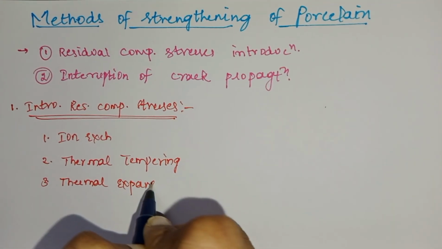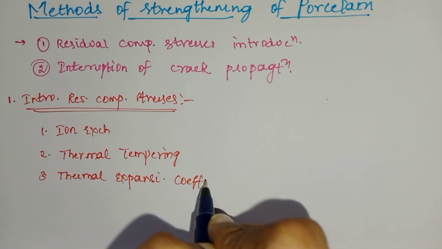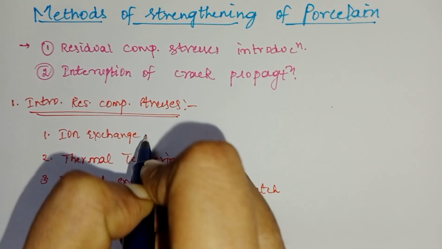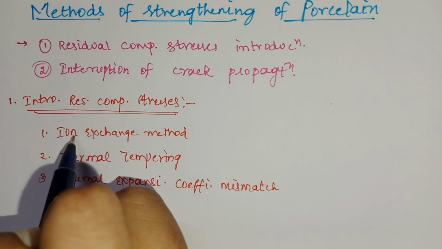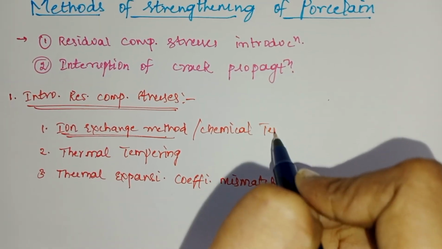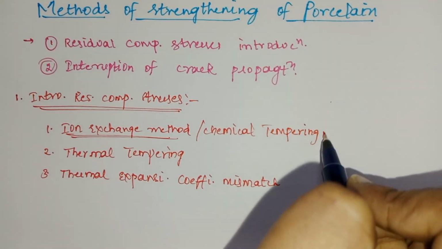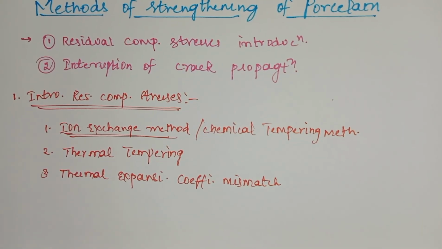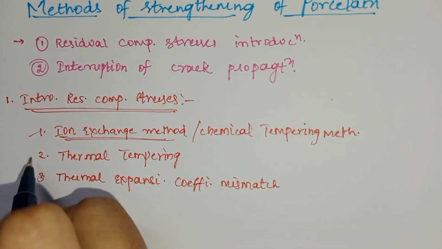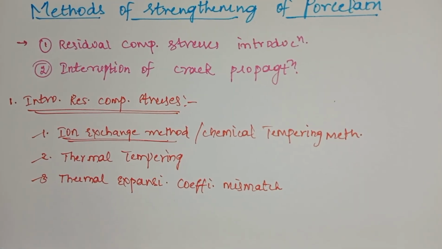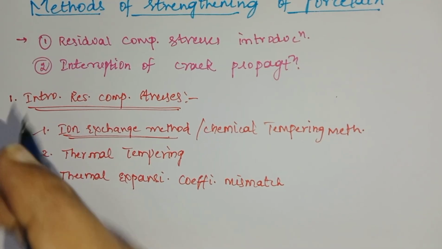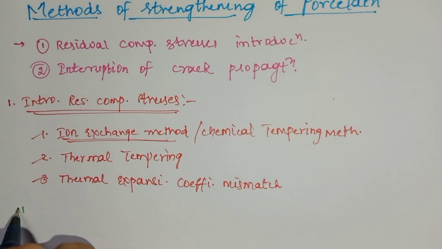The ion exchange method is also known as the chemical tempering method. Introduction of residual compressive stresses is done by the ion exchange method, thermal tempering method, and thermal expansion coefficient mismatch. Let us discuss these methods one by one.